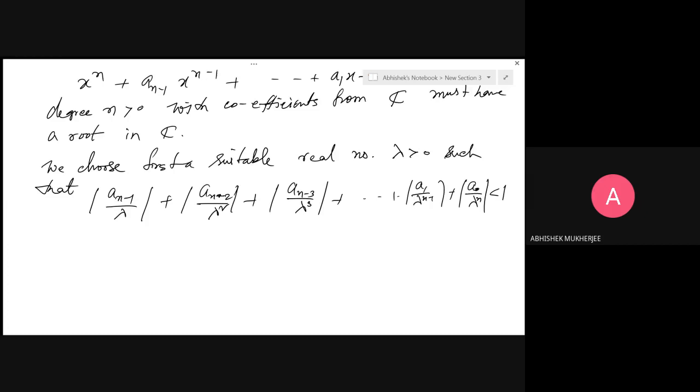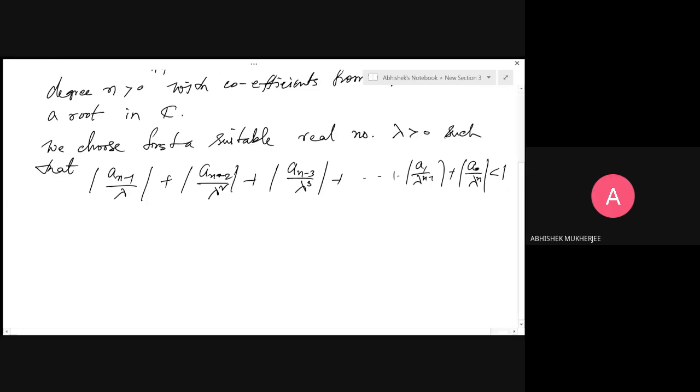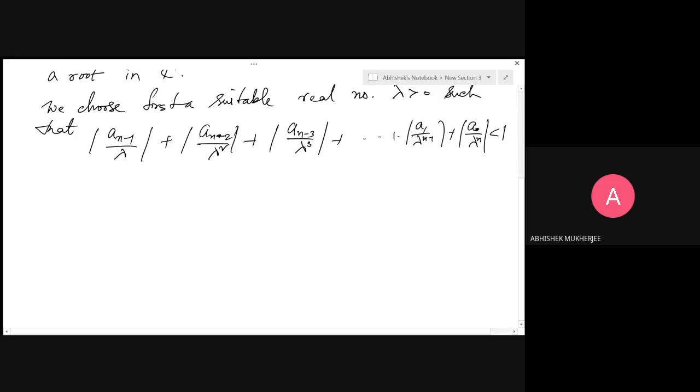Okay. So then we can consider the coefficients, just renaming them, such as b_{n-1} equals a_{n-1} by lambda, b_{n-2} equals a_{n-2} by lambda squared, and b_0 is a_0 by lambda to the power n.